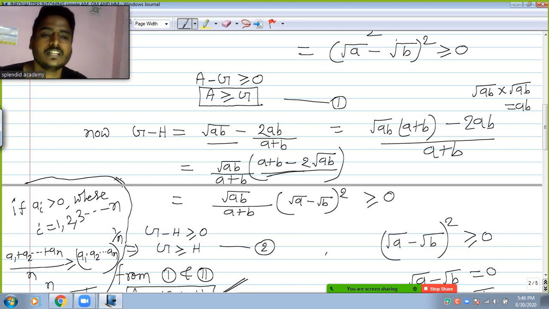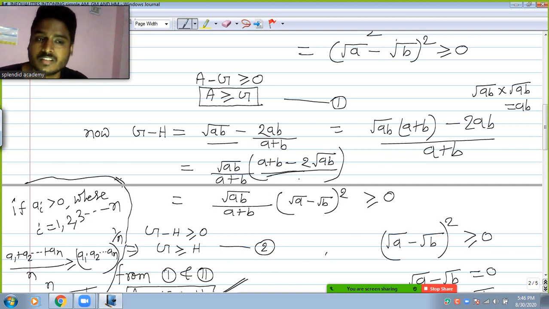From the numerator I can take the square root of ab common, and we know ab I can write as the square root of ab into the square root of ab, so ab is the square root of ab whole squared. So from the numerator I can take the square root of ab common, and a plus b will remain under the denominator.